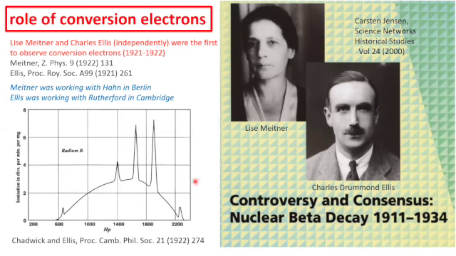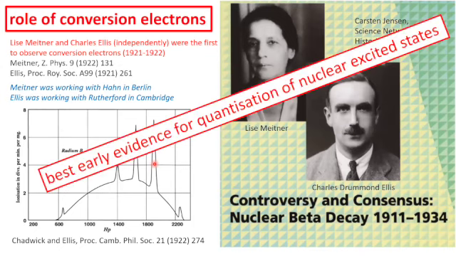But one of the fascinating aspects about conversion electrons is that they showed the discrete nature of the electron emissions from the nucleus. And this was really the best early evidence for quantization of nuclear excited states. And the idea of quantized excitations was still very new, and it's hardly surprising that isomers were hard to understand when the quantum nature of matter was still not understood. But that was a developing area.